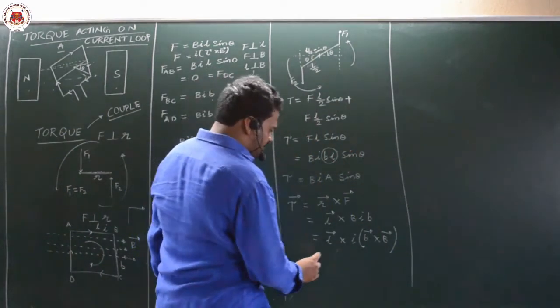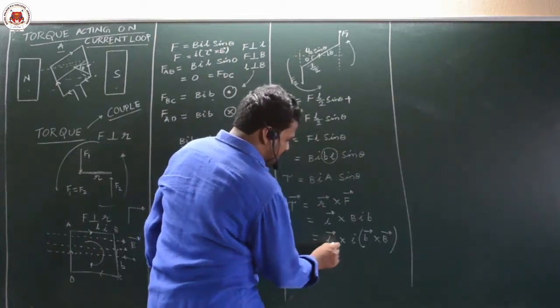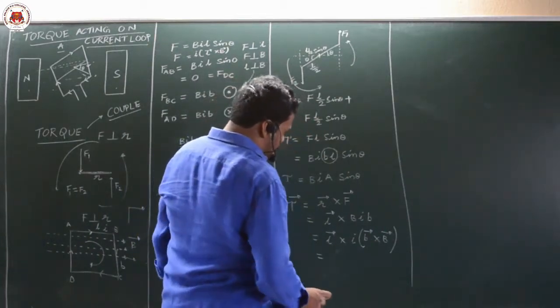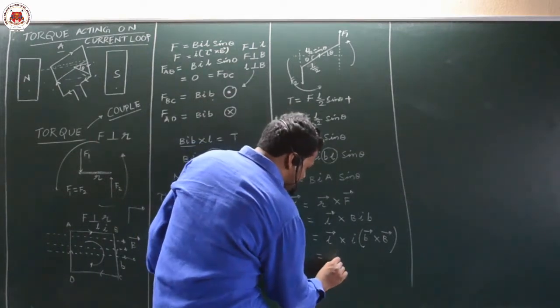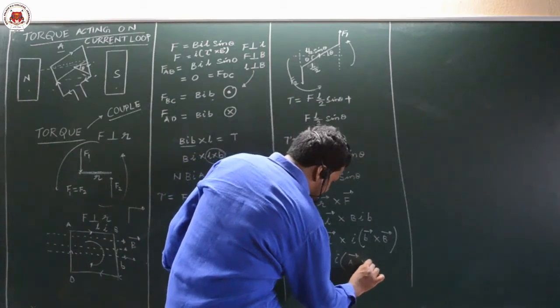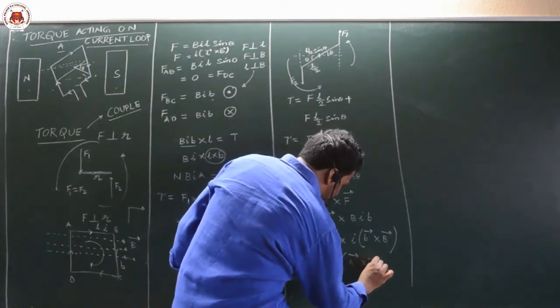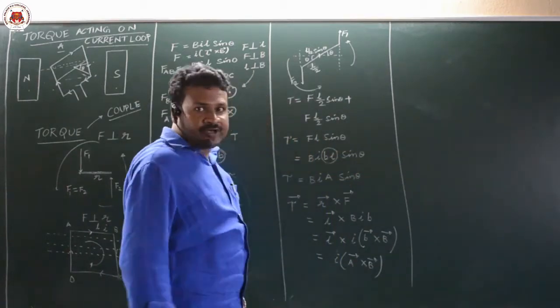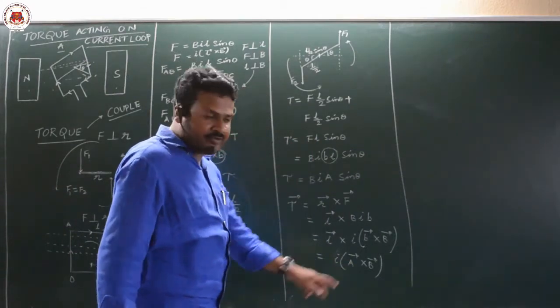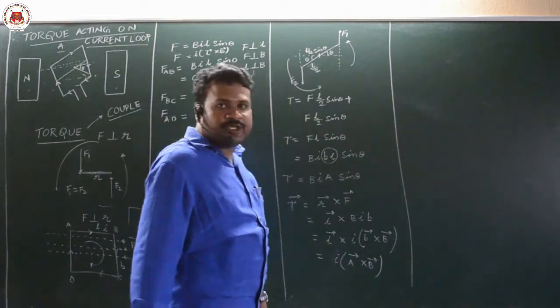So this you can clearly write as L bar cross B bar is nothing but area A bar. So this you can write as I into A bar cross B bar, where A bar is the area here. That means torque is perpendicular to the area vector, perpendicular to B.